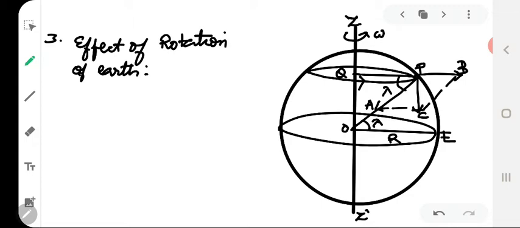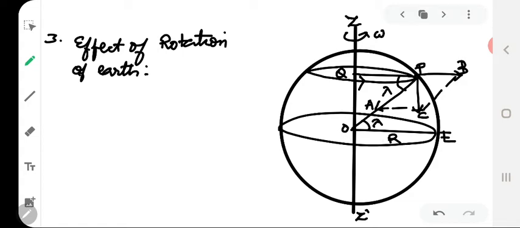The latitude at a point on the surface of the Earth is defined as the angle which the line joining that point to the center of the Earth makes with the equatorial plane. Now, as you can see in the picture, the center of the Earth has been marked with O. The radius of the Earth is R. So this is the equatorial plane in which you can see the radius has been marked.